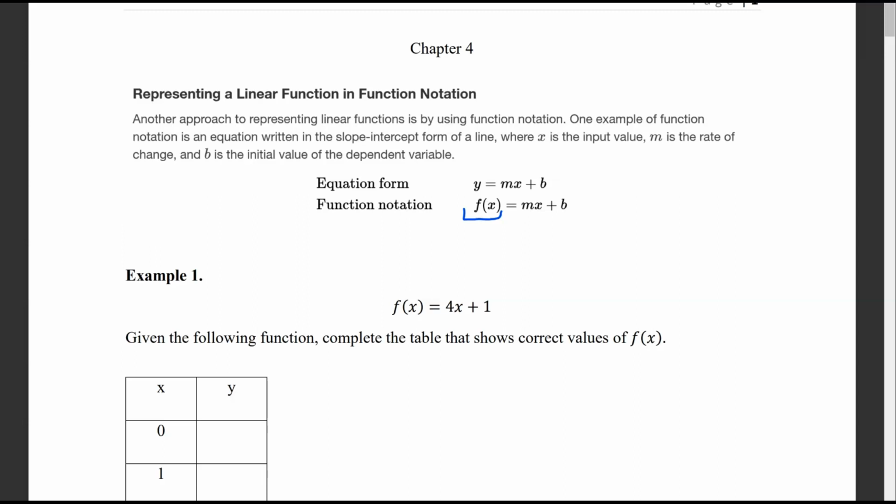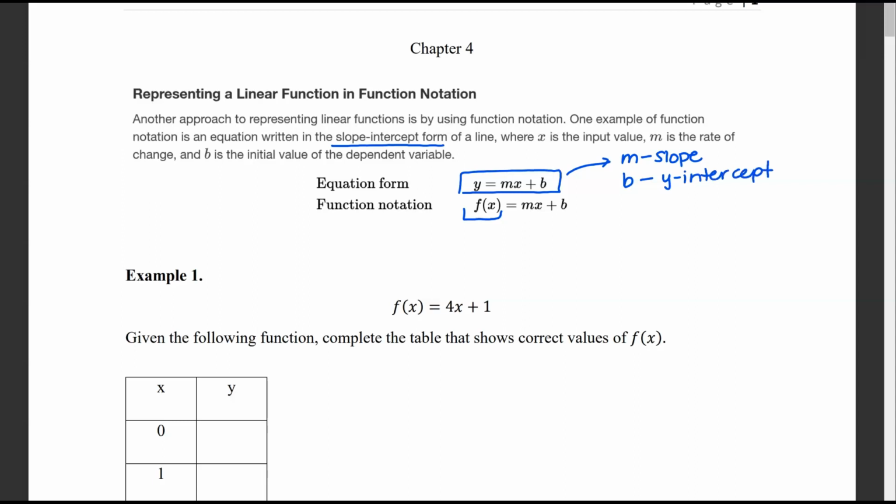One example of a function notation is an equation written with slope-intercept form, and that's what this is right here. This is our slope-intercept form. And if you remember, m is our slope, while b is our y-intercept.